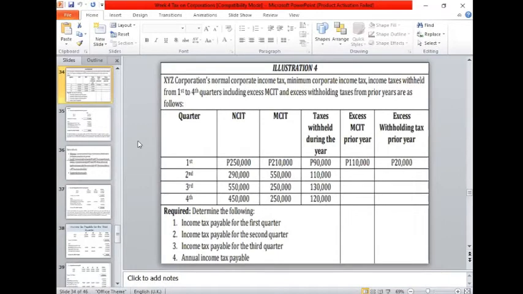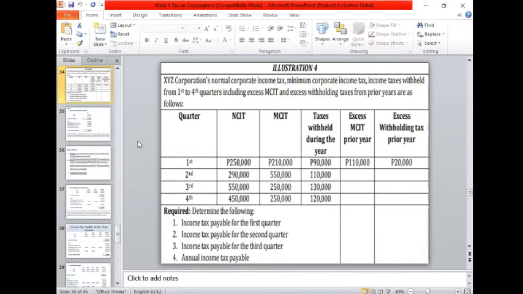Okay, so another illustration. Another example here. XYZ corporation has a normal corporate income tax, the minimum income tax, and the tax withheld during the year. Okay, the excess minimum corporate income tax prior year, and the excess withholding tax prior year. So they have those given data.